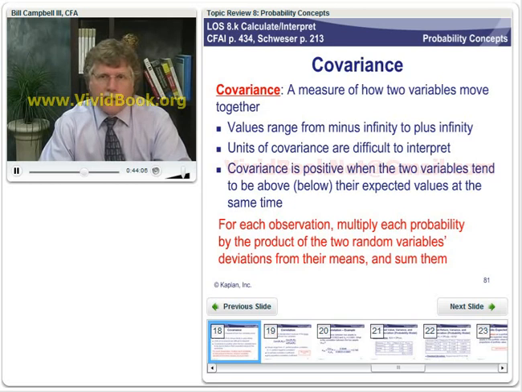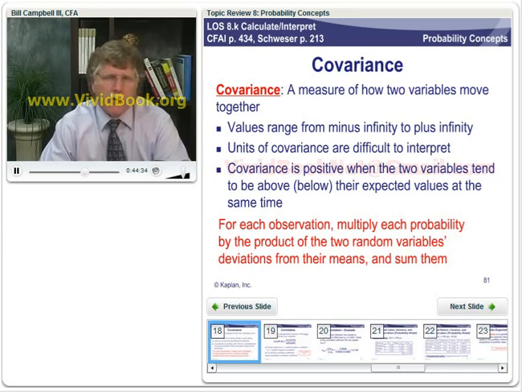So let's say, for example, that we have a baby giraffe. We're going to go back to the giraffes for a little while. We're going to look at the height of that giraffe, and we're going to look at the value of the S&P 500. Suppose that the S&P 500 is generally going up, and to make it easy, let's value the S&P 500 in dollars.